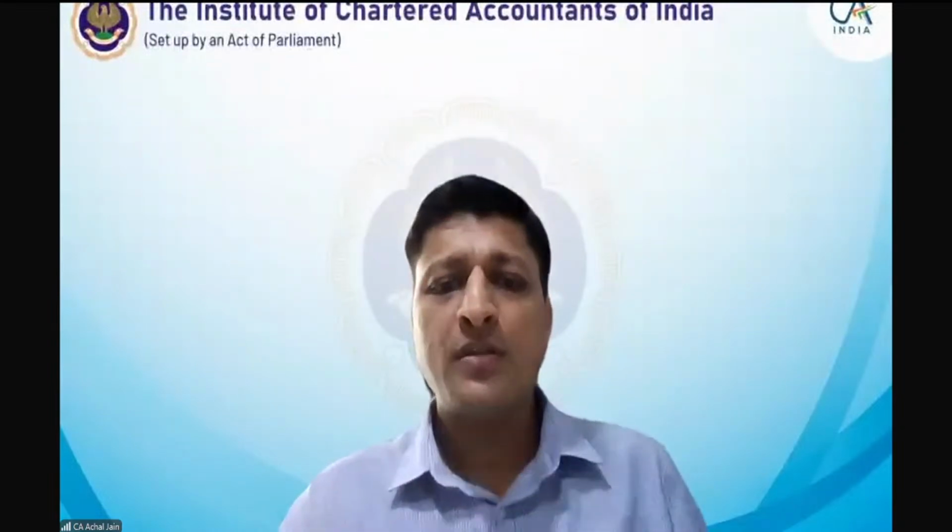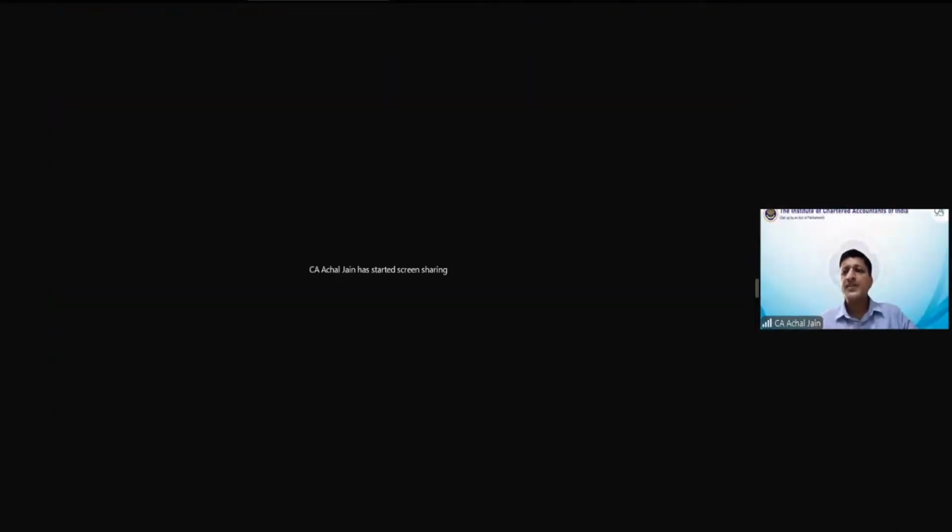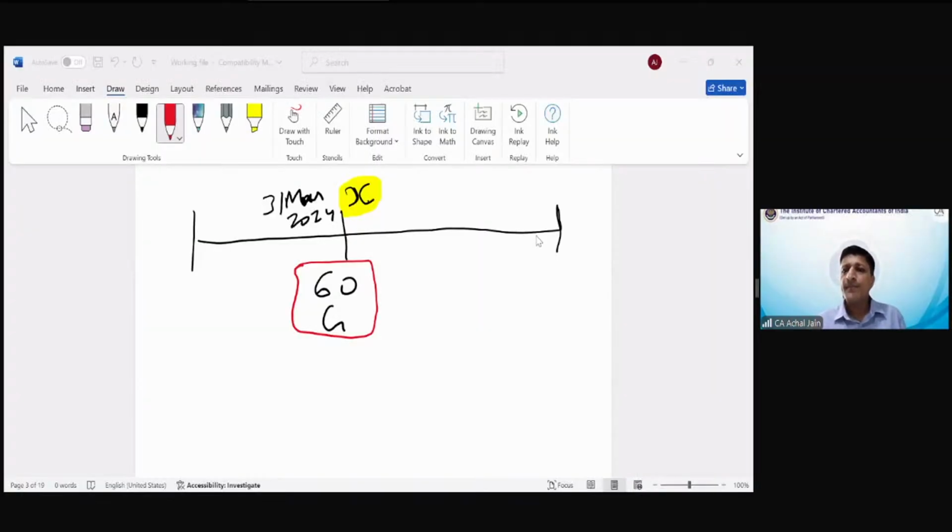So I think there was some disconnect. Let me take you back to the example we were discussing. A bank has got some advances and these advances have become NPA. On these advances, the bank has this income of 60 crore. So this is the accrued income.